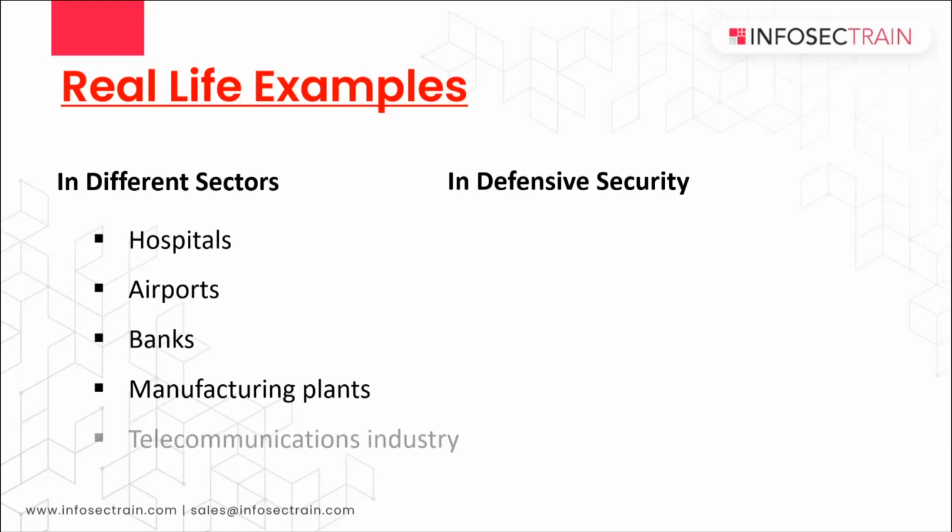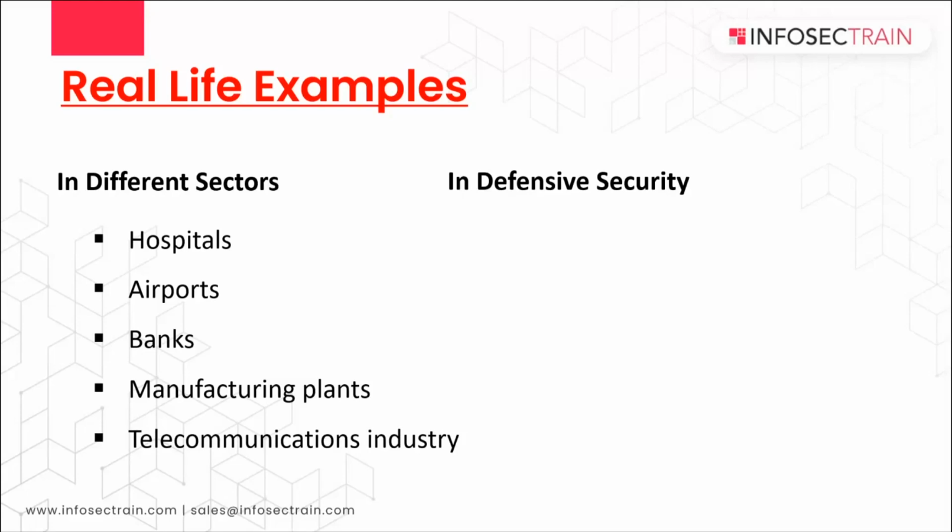Then what about next, the telecommunication sector as well? You will find that critical equipment such as cell towers, switches, and routers require continuous power supply to operate, and that's why they use power redundancy.